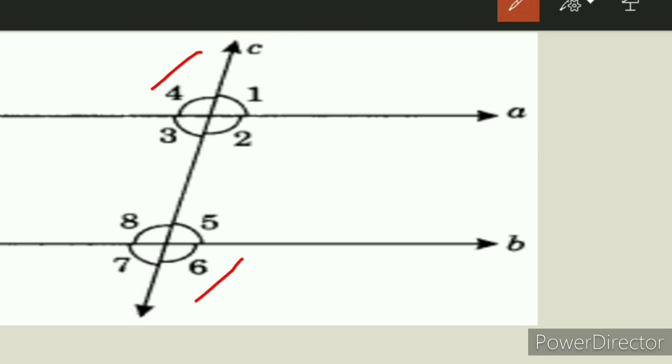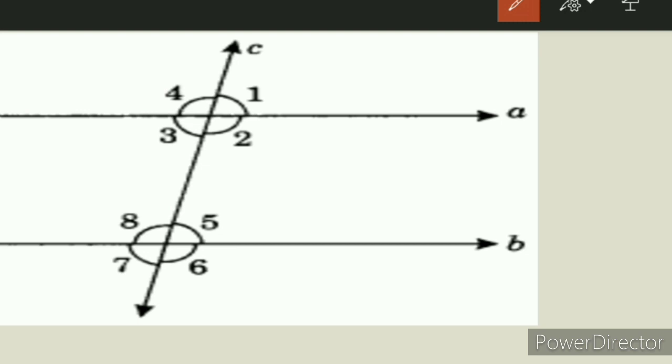These two are outside the parallel lines, so it is called alternate exterior angles, and they are also on opposite sides of the transversal. 1 and 7 are another pair. 2 pairs are inside, 2 pairs are outside. So totally how many pairs of alternate angles are there? 4 pairs. Got it? Linear pair, vertically opposite angles, and alternate angles, these three each have 4 pairs.